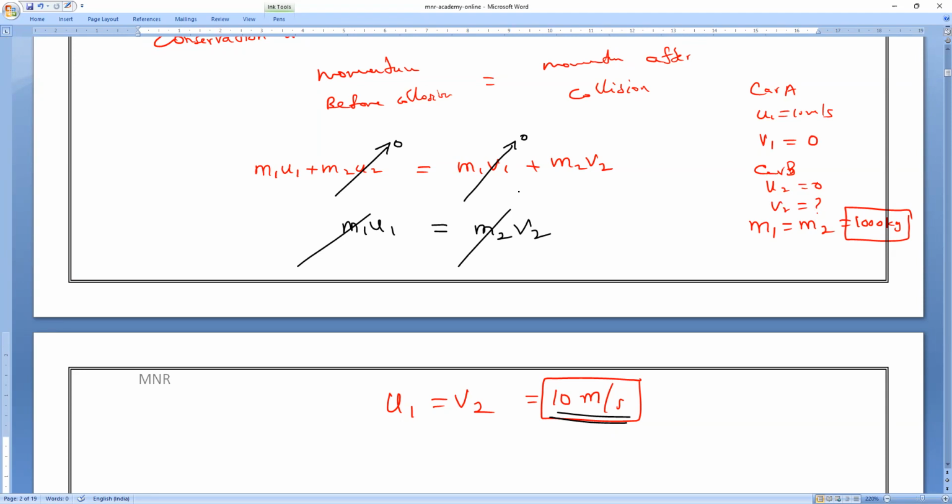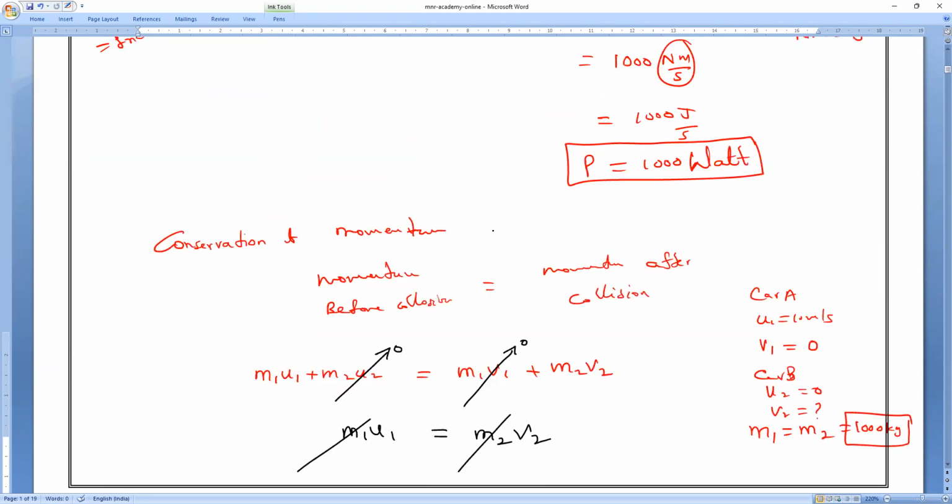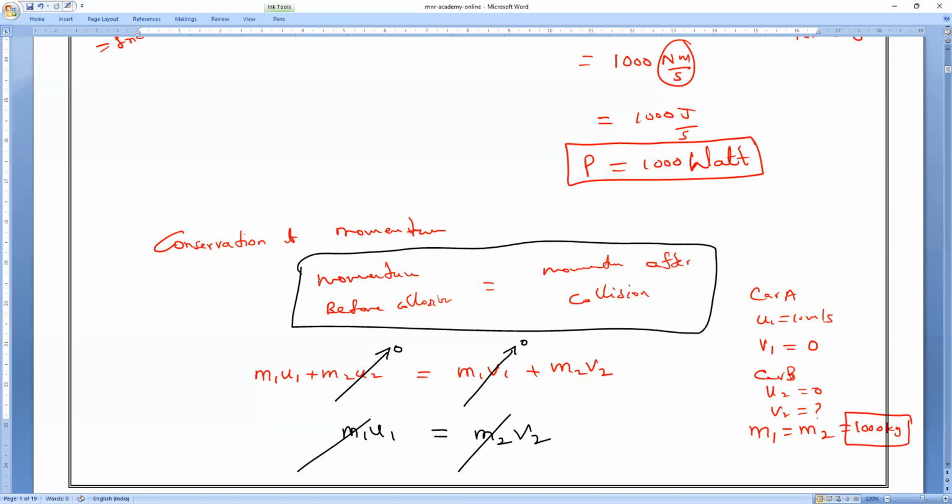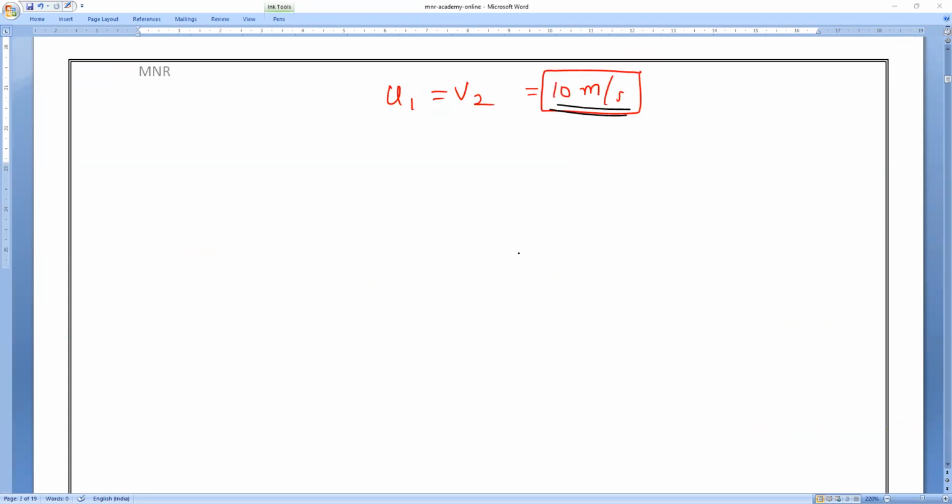But here, using conservation of momentum, of course, you can get the answer. But this is in motion. As you are studying, motion means energy will come into play. What energy comes into play?